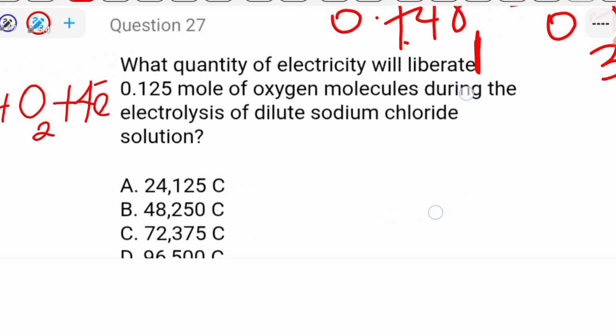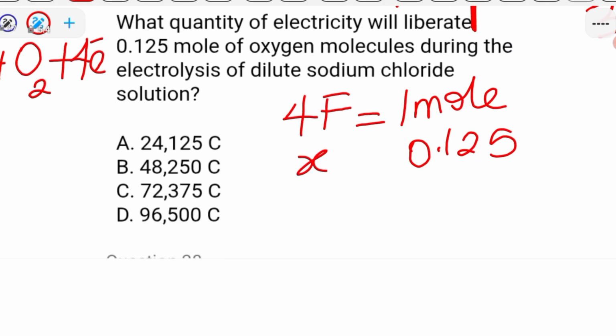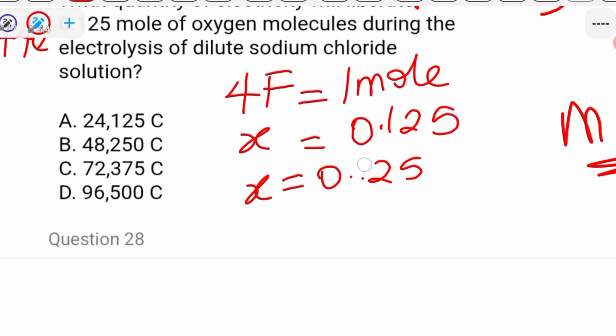This means that 4 Faraday will give me 1 mole of oxygen. But what will now be 0.125 mole? How many Faraday will it give me, or how many coulombs? Just cross multiply. X will be 0.125 times 4F.